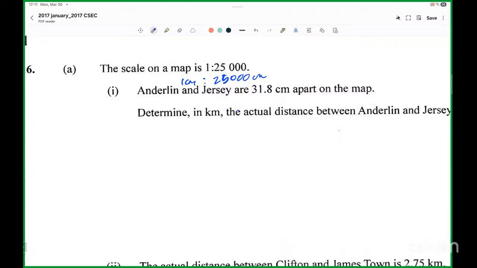So what you want to do is convert this 25,000 centimeters to meters by dividing by 100, and then you get it in meters, you divide it now by 1,000 to get it in kilometers. So from this scale, if the question is asking for measurements in meters and centimeters, then you want to establish from the get-go that it really means that 1 centimeter on the map is 25,000 centimeters on land.